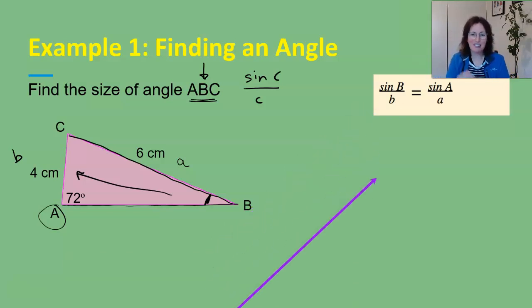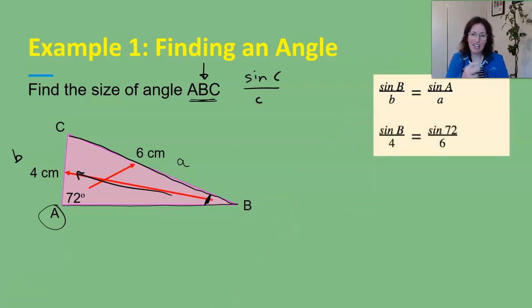So the next steps that we need to do here, as I've implied already, are to start looking at the pairs and then substitute them into the formula. So B is what we're trying to find, and so that's why that's still the unknown. The 4 comes from the side opposite angle B, which is little letter b, 4 there.